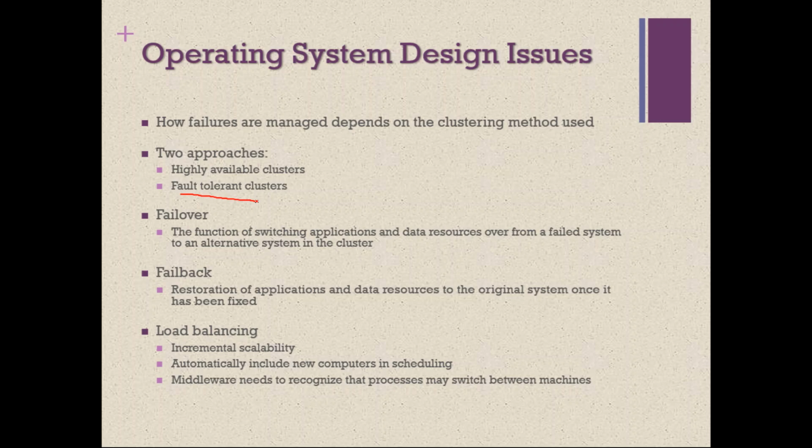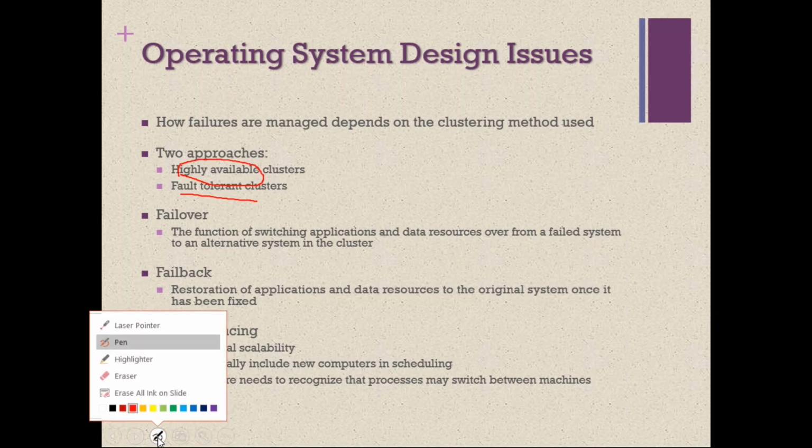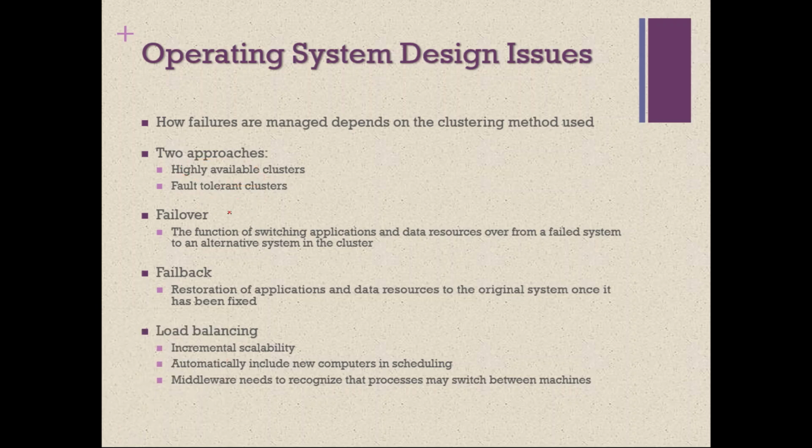Actually the fault tolerant model ensures availability of resources at all times. This is high availability, to maximum available, that's all. But 90% available or 95% available. But fault tolerant ensures that the resources will be available at all times, irrespective of anything that may happen.